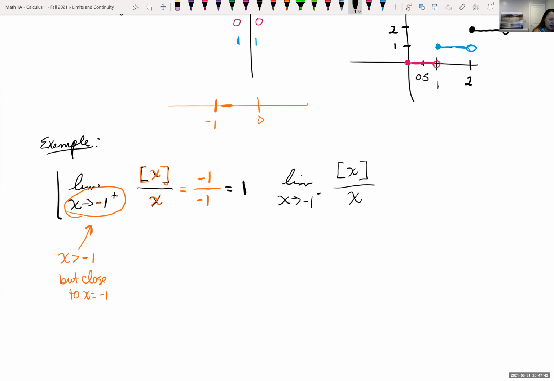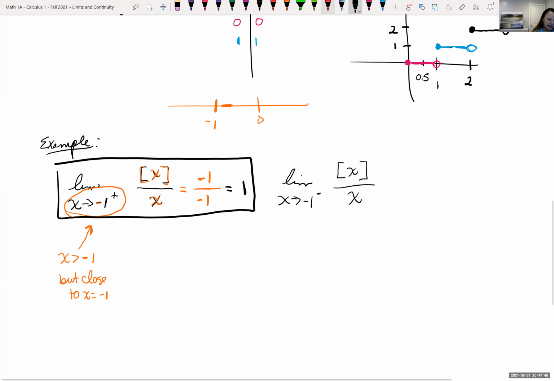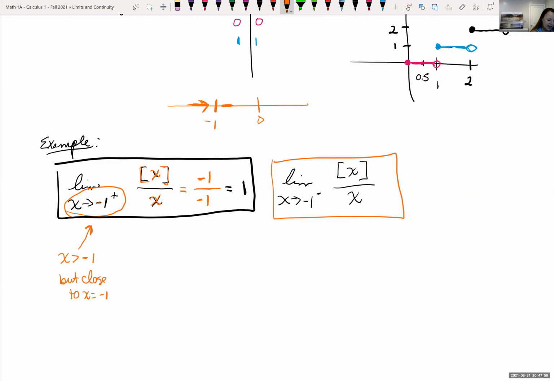Okay, so that is if I'm coming in on the right-hand side. If I'm coming in on the left-hand side of -1, I know then that my values of x are going to be less than -1, but close.